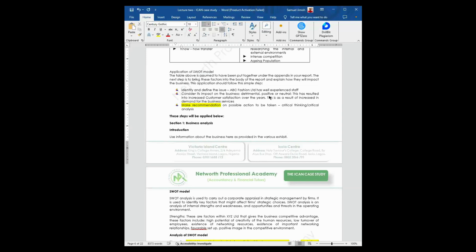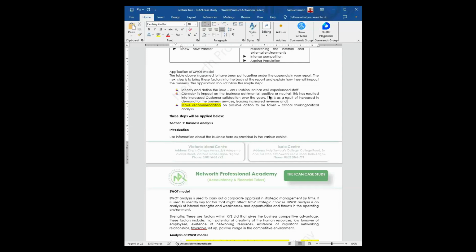So the experienced staff has resulted into what? Increase in demand. Because there was an increase in demand, which will also lead to what? Increased revenue, which also leads to increased what?